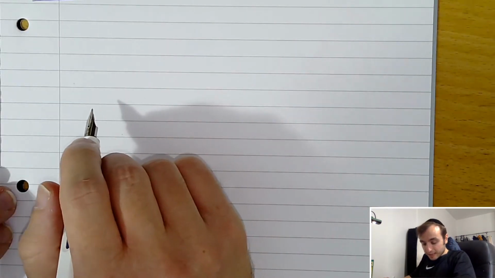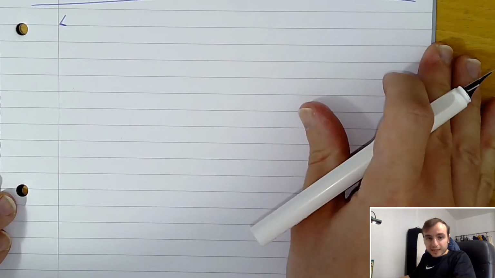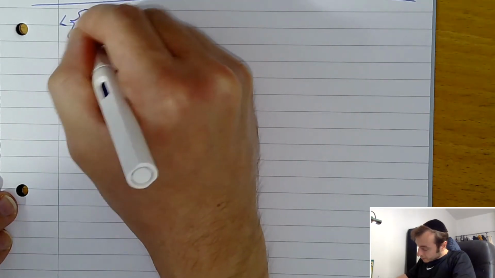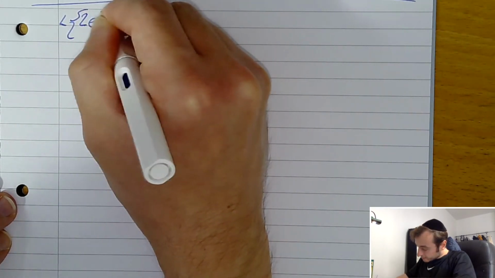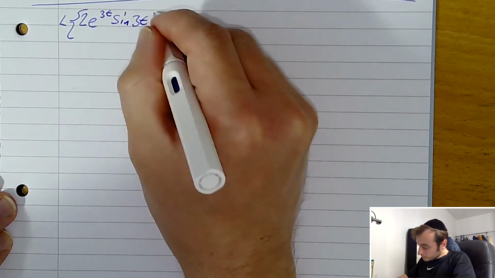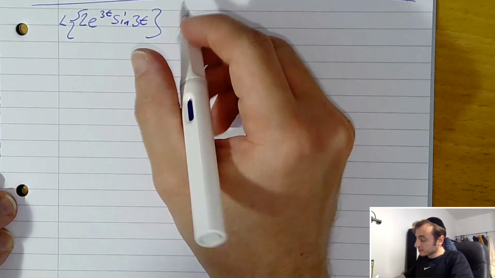Okay, so let's have a look at, can we see that all right? Yeah, okay, let's have a look at the Laplace transform of 2e to the 3t sine 3t. So let's exploit the property of linearity to begin with.